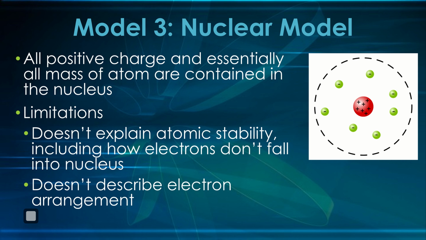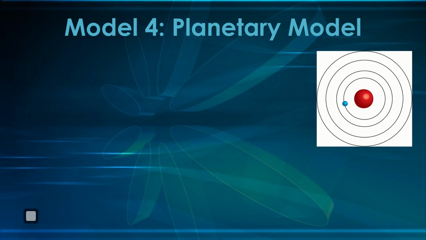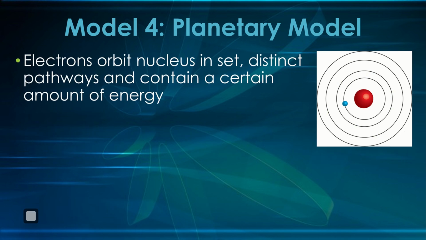But we're getting closer. Okay, so we have protons now, we have electrons now. This then leads to the idea that there must be, again, Model 4, this planetary model, we start figuring out that electrons must be on kind of these different little pathways, we're going to call them later energy levels.